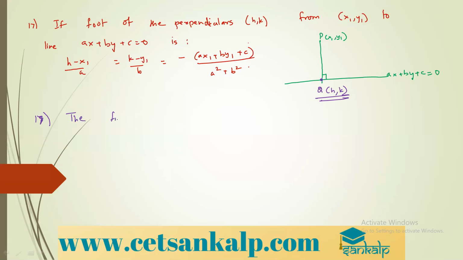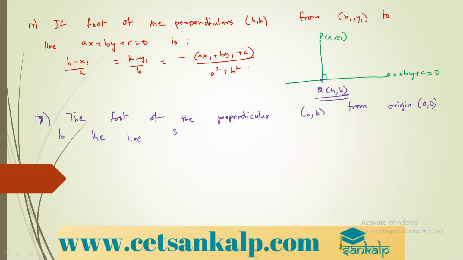The question asks you to find the foot of the perpendicular, that is h comma k, which is drawn from the origin, that is 0 comma 0, to the line.